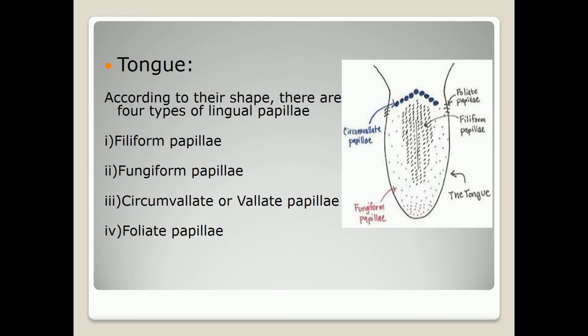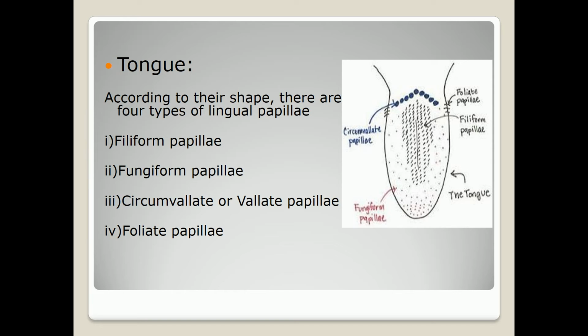The average length of the human tongue from the oropharynx to the tip is 10 centimeters. The average weight of the human tongue is about 70 grams in adult males and 60 grams in adult females.